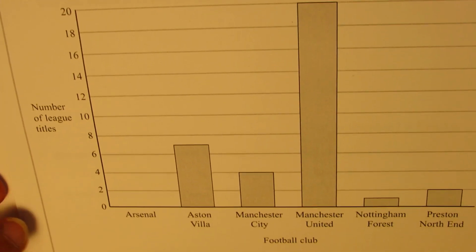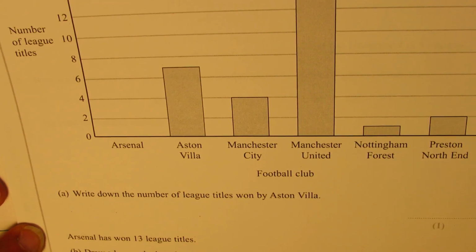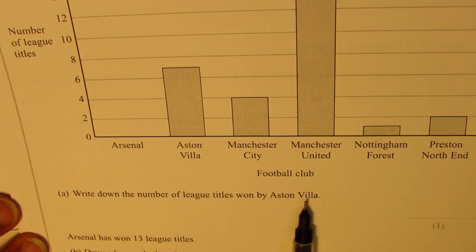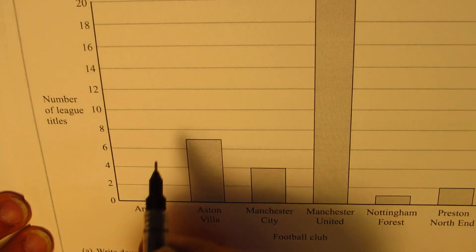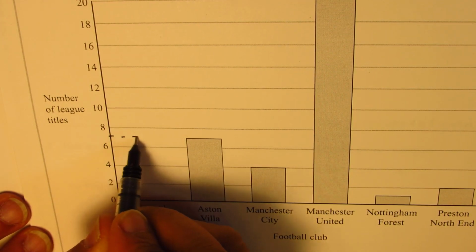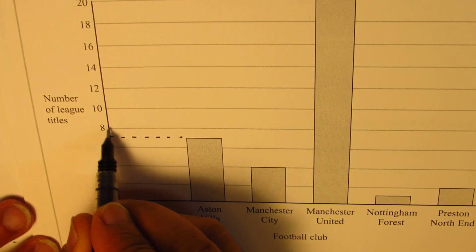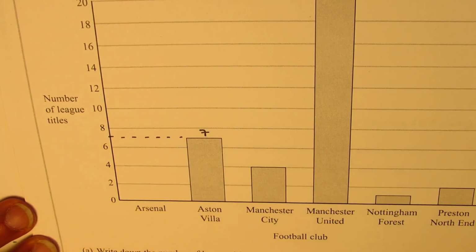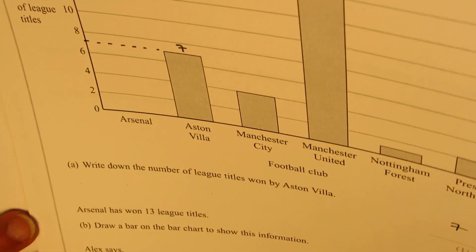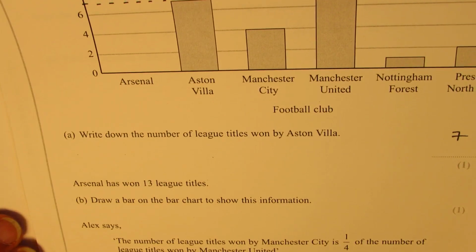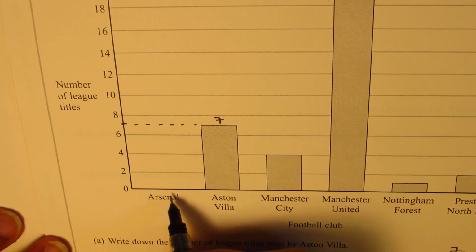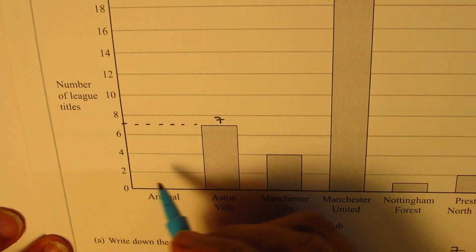Okay, so the very first one is write down the number of league titles won by Aston Villa. Now, this is Aston Villa and that is the number of titles. It is a value right there between 6 and 8. So it is 7, right? So that is answer 7. Now we are given that Arsenal has won 13 league titles. So we have to show 13 here for Arsenal.